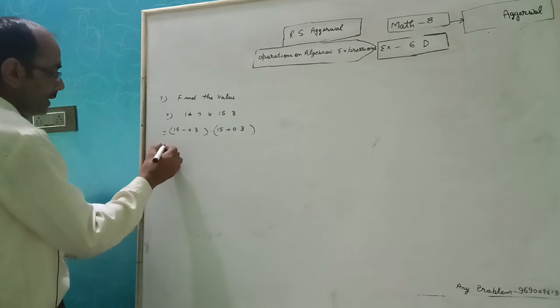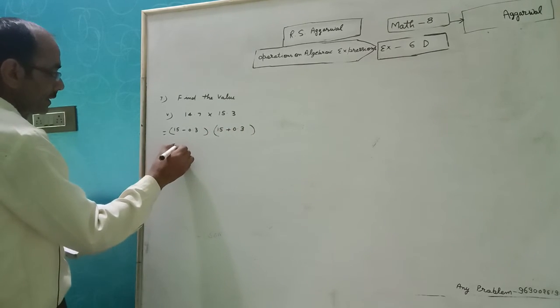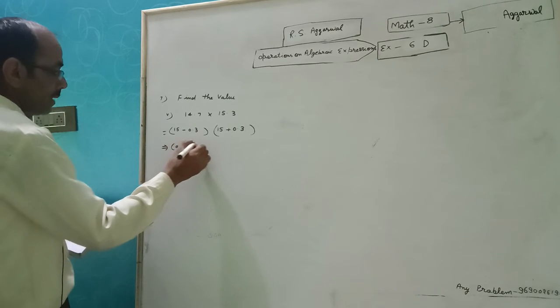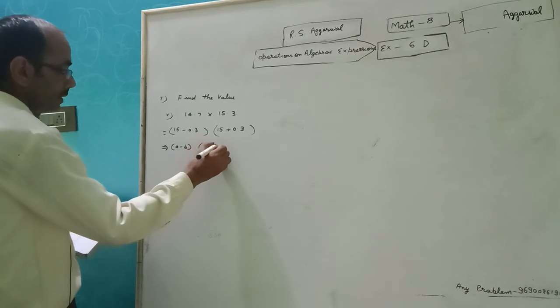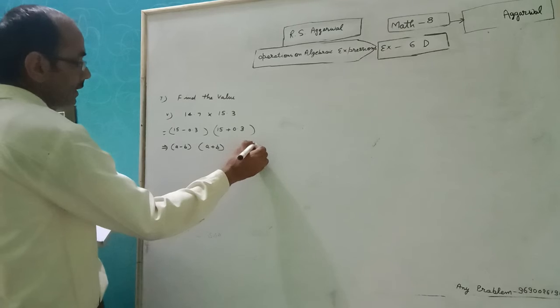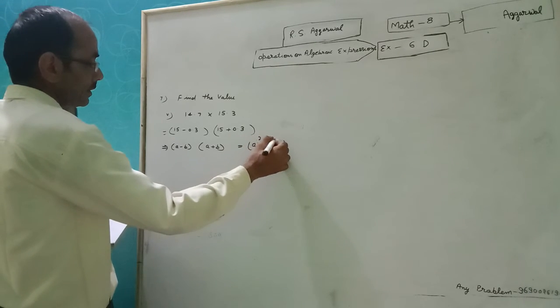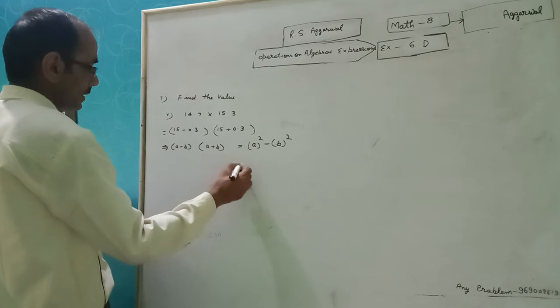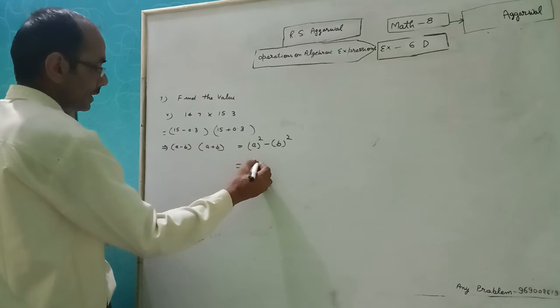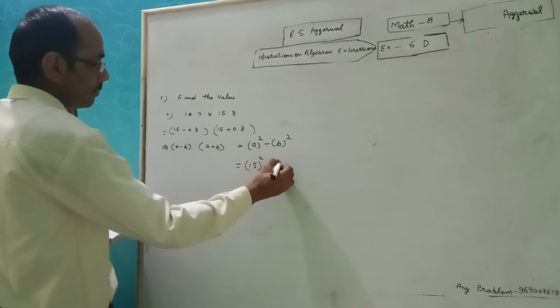That is make the identity: a minus b and a plus b equal is a square minus b square. Here a is 15, b is equal to 0.3.